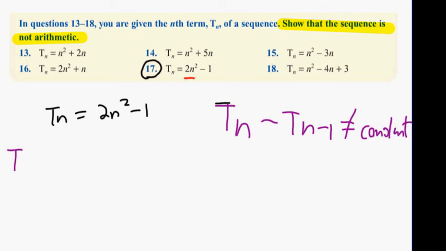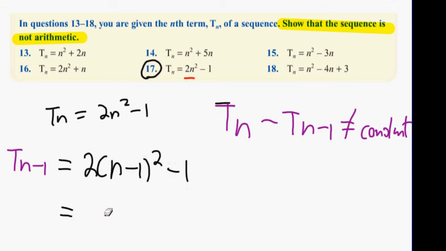Can anybody tell me how to find Tn minus 1? Tn minus 1, guys, anybody tell me how to find it? 2 bracket n minus 1 squared minus 1. After that, we have to do n minus 1 squared first.